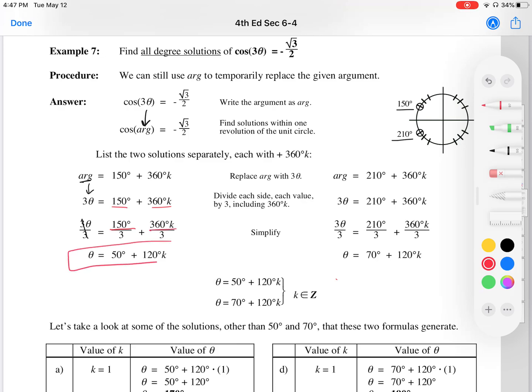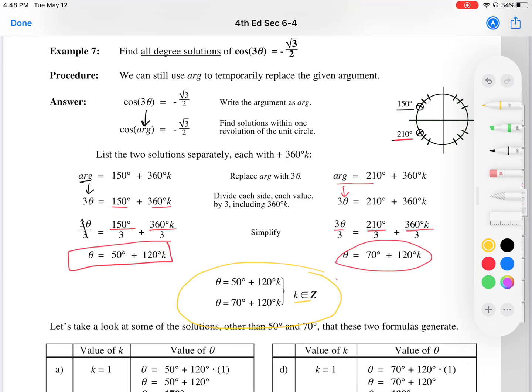So we get theta is 50 plus 120k. And same thing for our other answer, that 210. Arg is equal to 210. We replace arg with our argument, which is 3 theta. And then we divide by 3, even the 360k. So that's our answer.